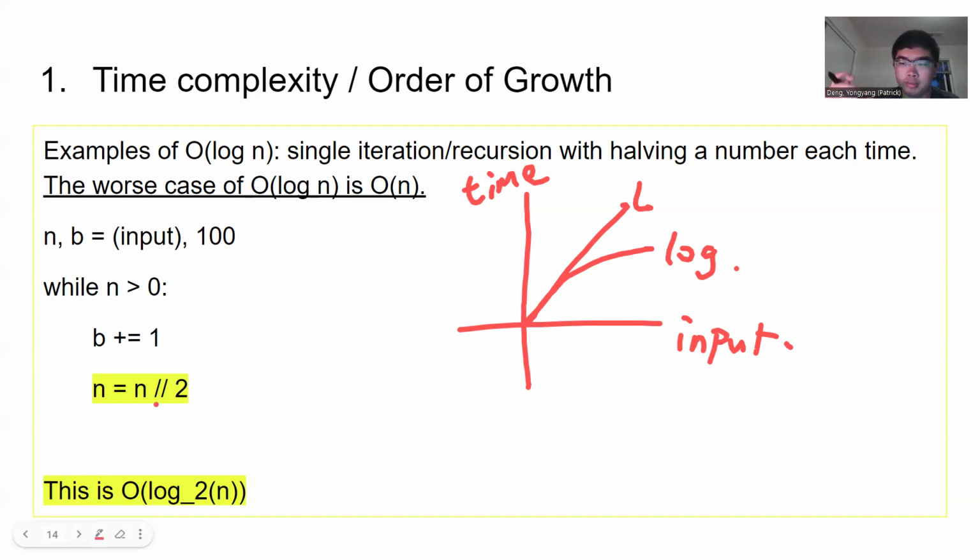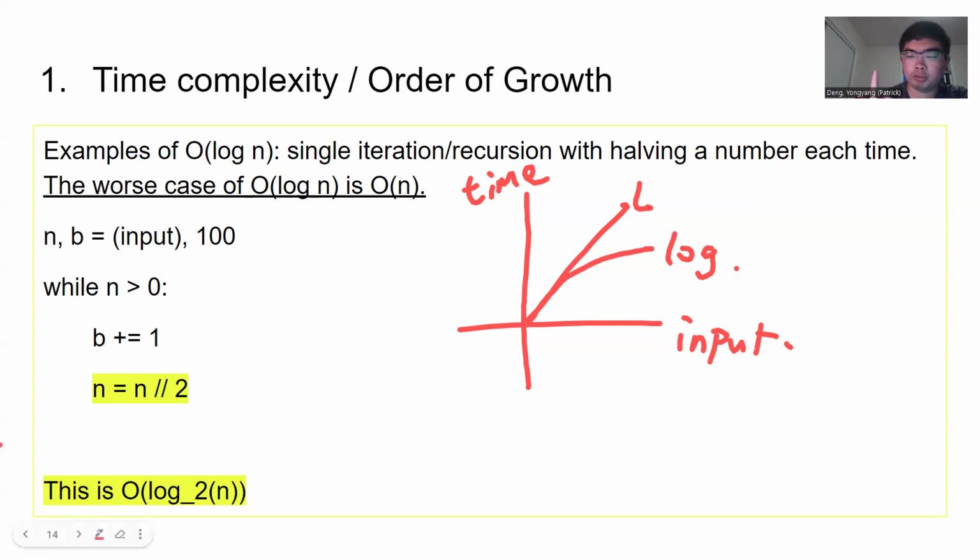This is also the difference between linear and logarithm in code. For linear algorithm we only increase or decrease by 1 each time, which means the input will be the same as the number of operations. But for halving a number, let's say if I input 100 and I decrease to 50, that is only one step.